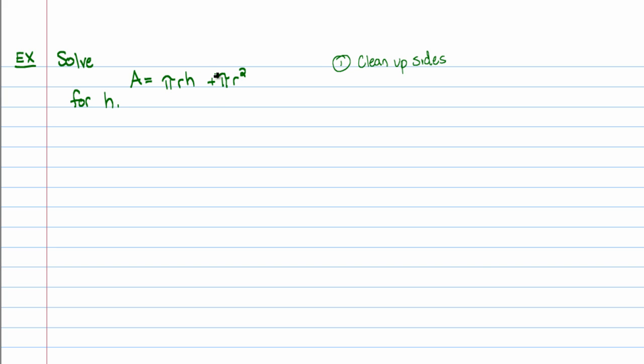So there's really nothing I could do. The second thing is to get all h variables on one side, but they already are. Right? All my terms with h's are already on the right hand side.